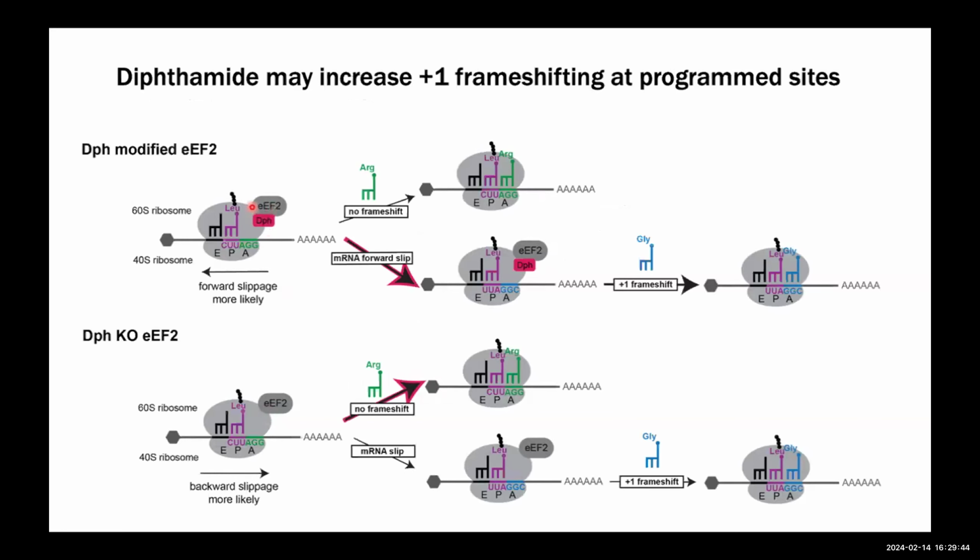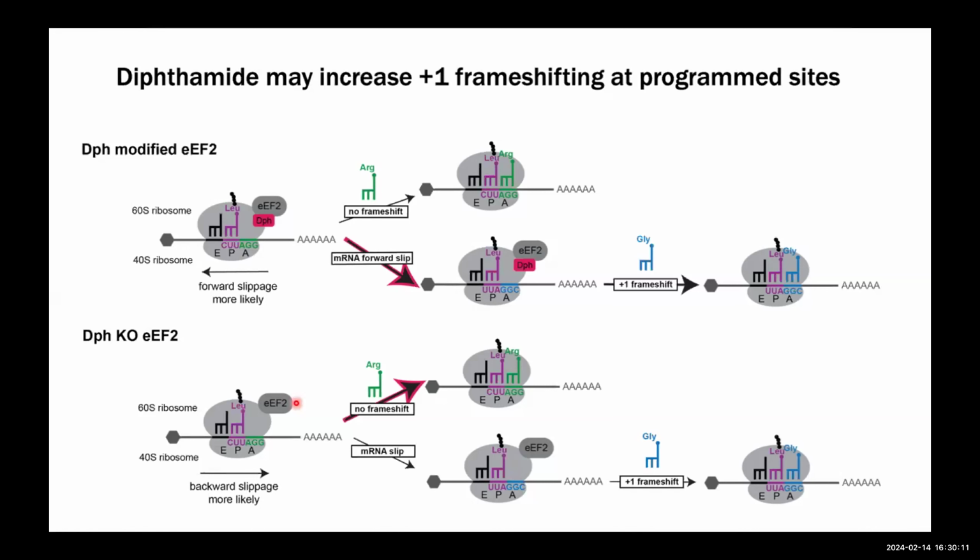where diphthamide in the A site may prevent the mRNA from sliding backwards. It doesn't necessarily prevent forward slippage. So at +1 frameshift sites, the programmed +1 frameshift can occur at its normal programmed rate. However, upon diphthamide deletion, -1 frameshifting is more likely to occur.